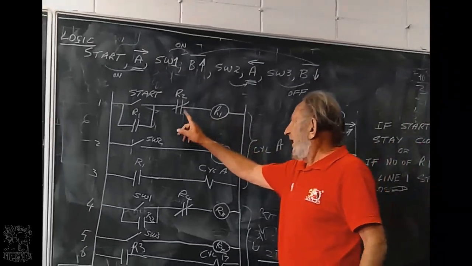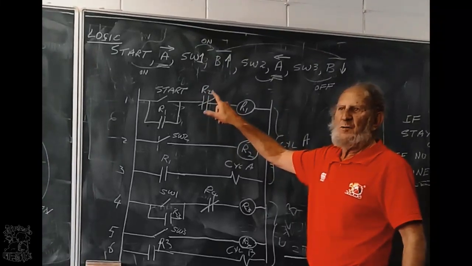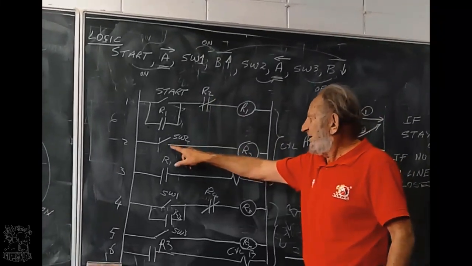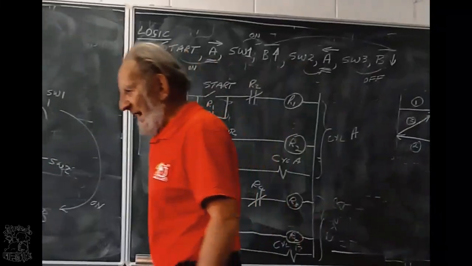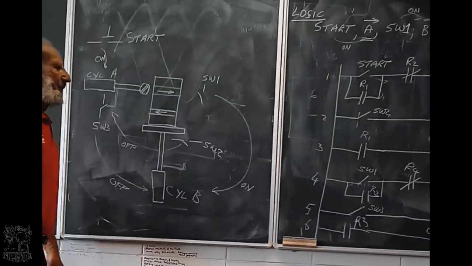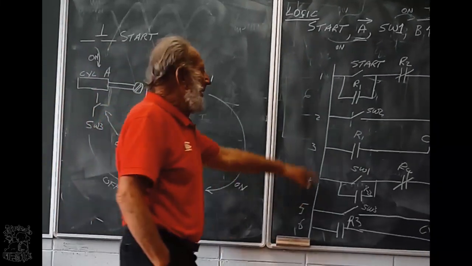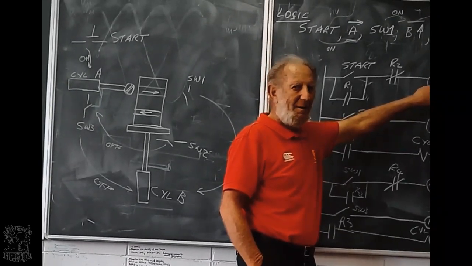Next one, easy. What will happen if this stays closed? That means it's touching switch 2, but that contact of relay 2 does not open. What will that mean? It means relay 1 can't lose power. Isn't it?